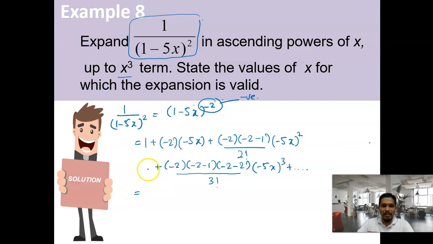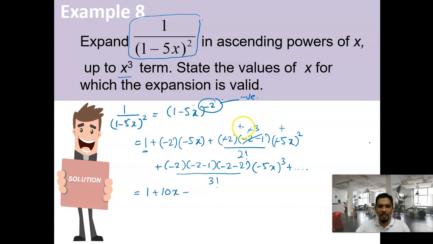So then, it must begin with 1. Negative 2 times negative 5 equal to positive 10, so then we have 10x. Then this is negative 3. Negative times negative equal to positive, and negative 5 squared is also positive.